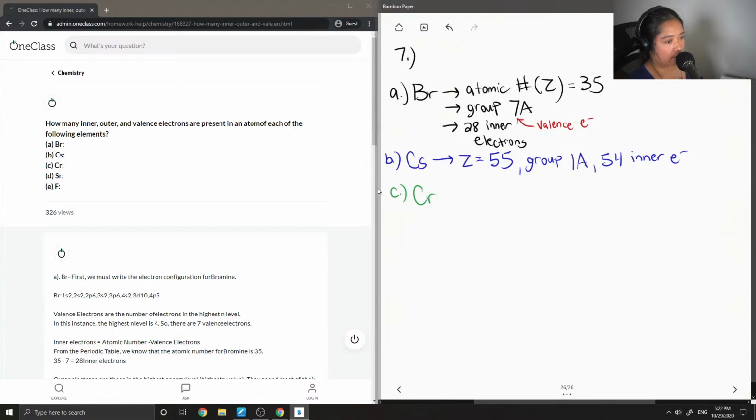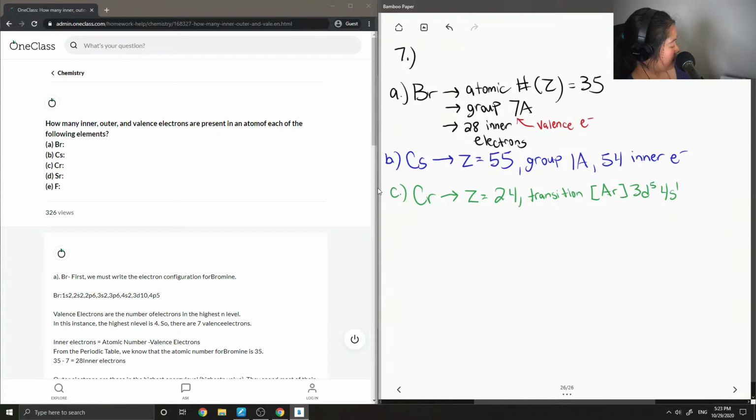For C, we have chromium. So this is more of, like, it's not as simple as the other elements since it is a transition metal. So we can't just predict its valence electrons in the same way, but we can look at its electron configuration, which is argon 3d5 4s1.